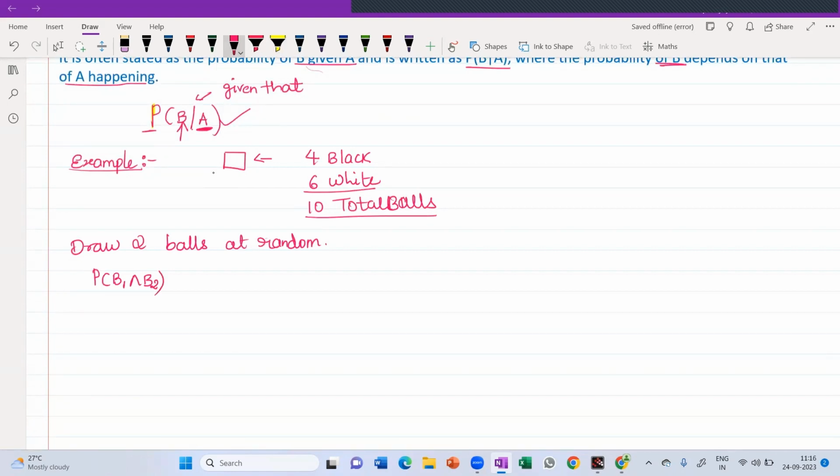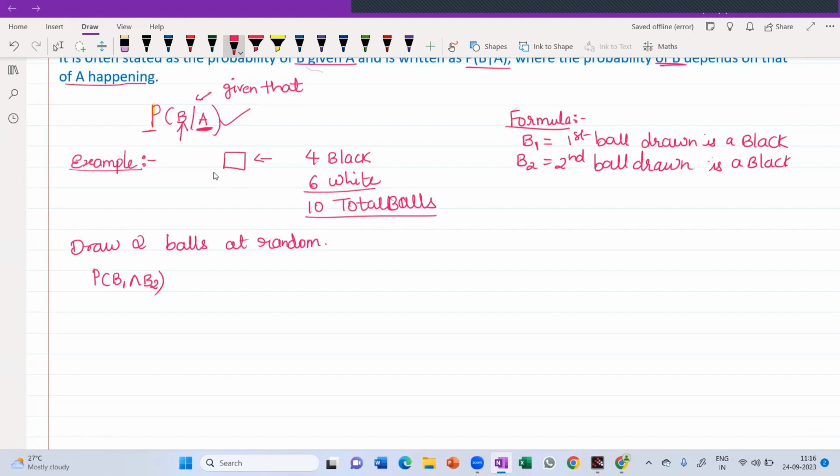So how am I going to do it? Let us understand the working of it. Here I am going to define 2 events. All of us know what an event is. B1 is the event that the first ball drawn is black, whereas B2 I am going to define as the second ball drawn is black.